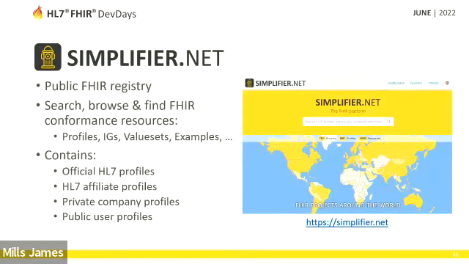It contains all the official HL7 profiles and all the HL7 affiliate profiles, but also some public profiles or even private company profiles, because when you create a project in Simplifier, of course, we hope everyone is creating public projects, but we also understand that for some companies, it needs to be private. So you can mark your project as private as well.